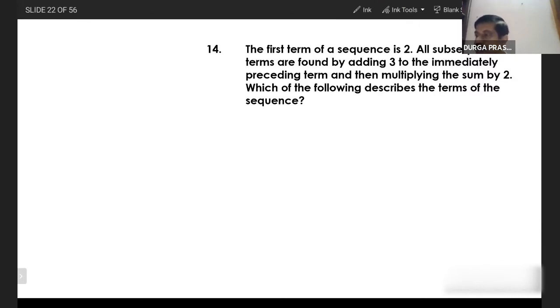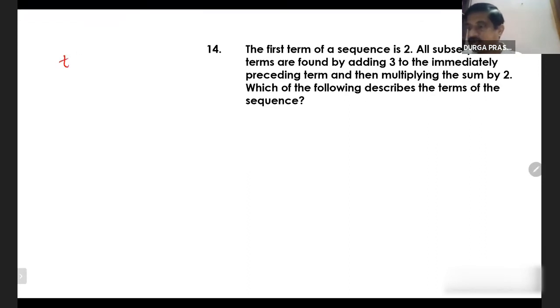Rewrite the things. So the first term of the sequence is 2. So this is finished. T1 equal to 2. Now all subsequent terms are found by adding 3 to the immediately preceding term and multiplying the sum by 2. So it is like this.